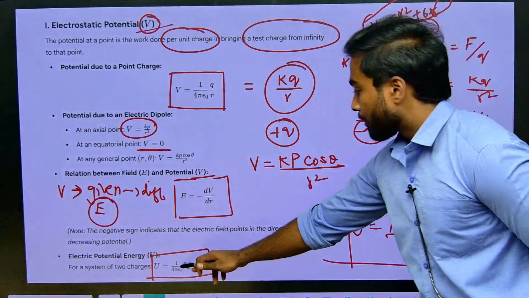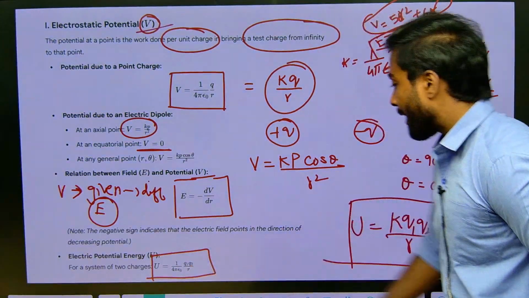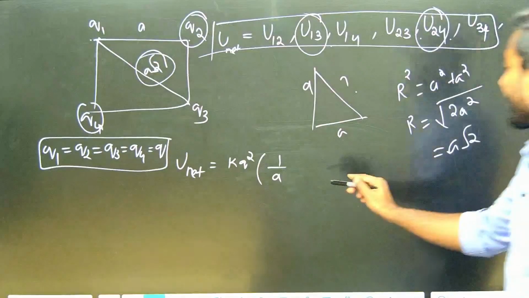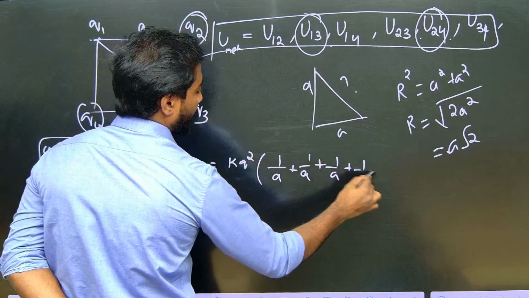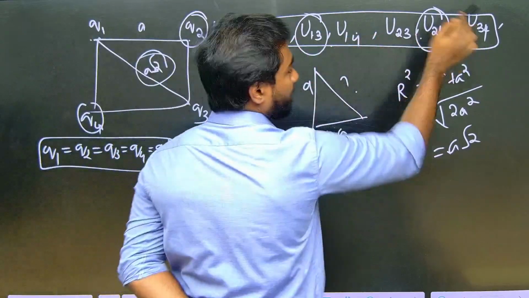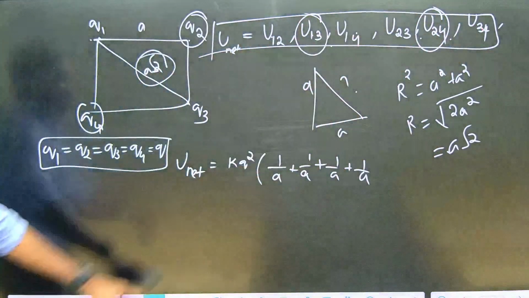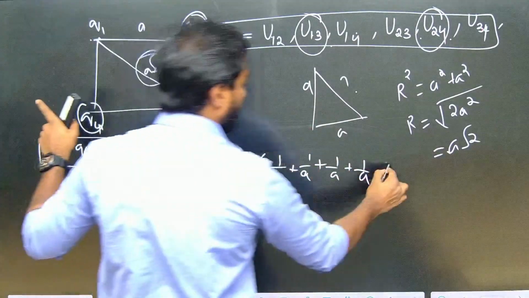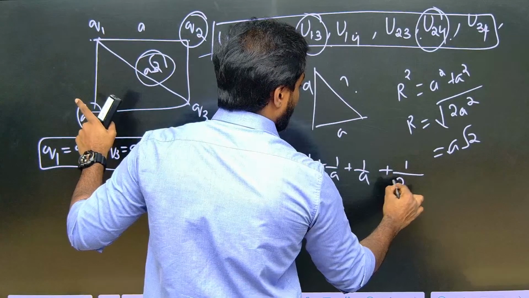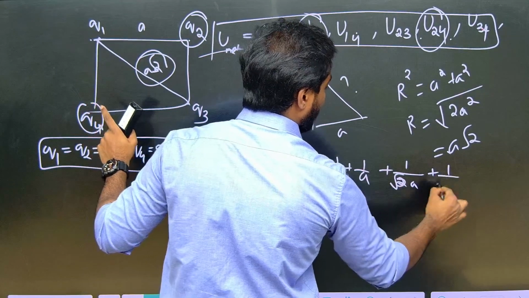Here, 1 by 4 pi epsilon naught Q1 Q2 by R. So 1 by A plus 1 by A plus 1 by A plus 1 by A, that's 4, and 5, 6, so 6 terms. But 4 times only I can write it like this. For the other two, I should write 1 by root 2A plus 1 by root 2A.